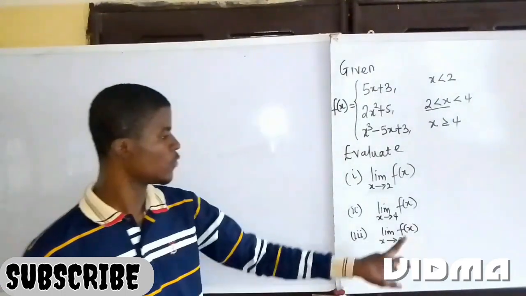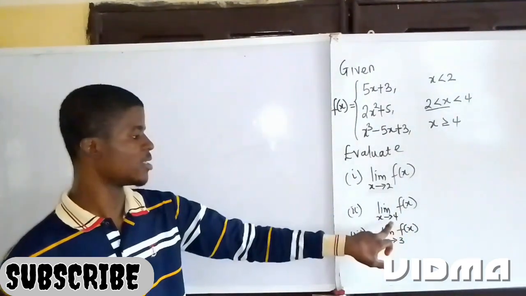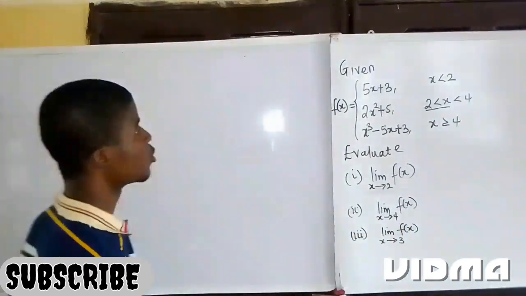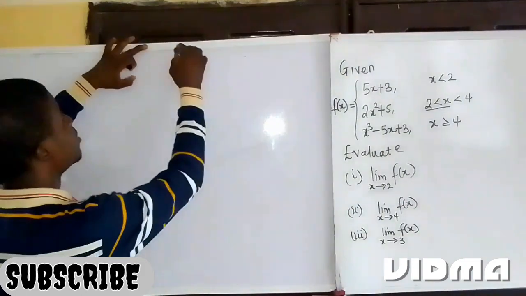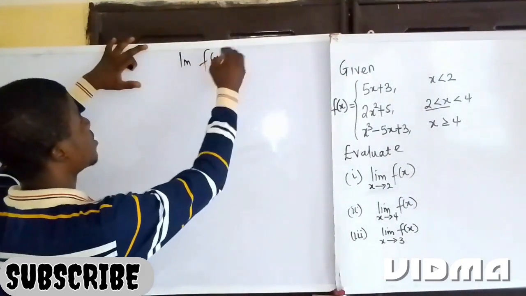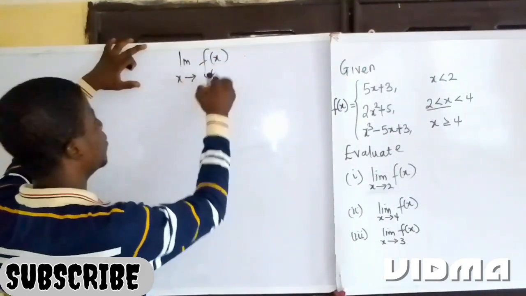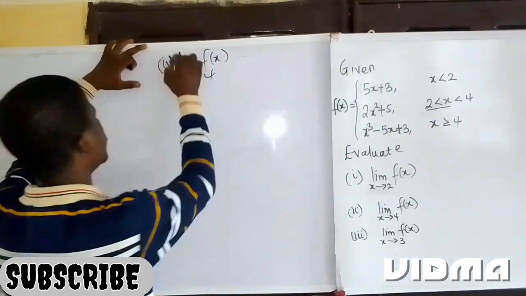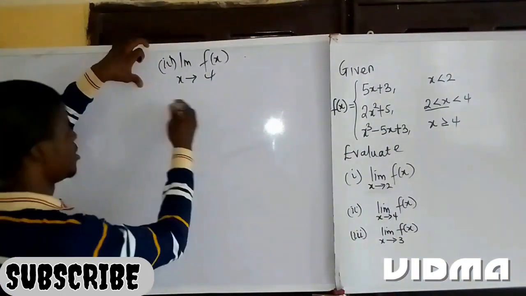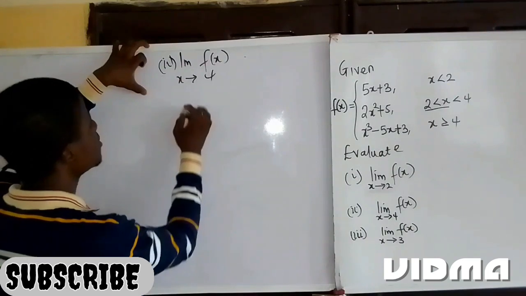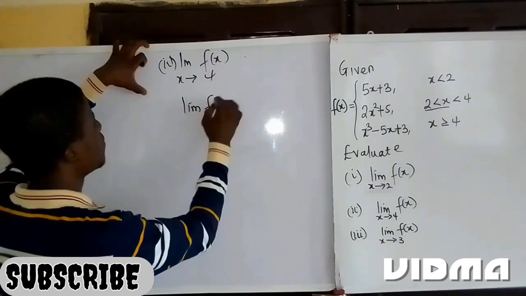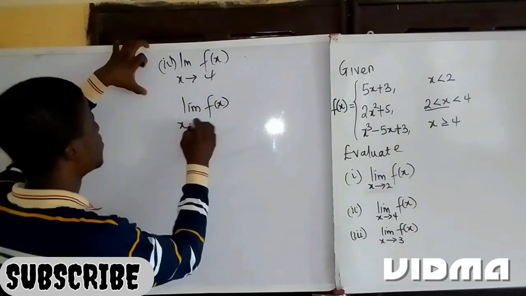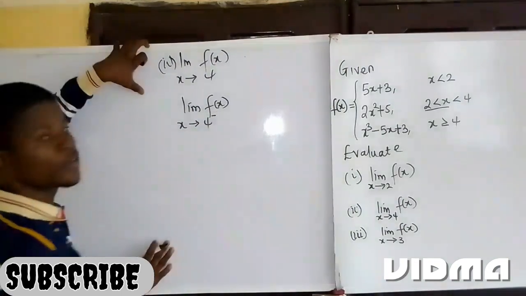Now, let's look for the limit of f of x as x approaches 4. The same thing we are going to do. Let's look for both left and right hand limits. For the left hand limit, that's the limit of f of x as x approaches 4 from the left.